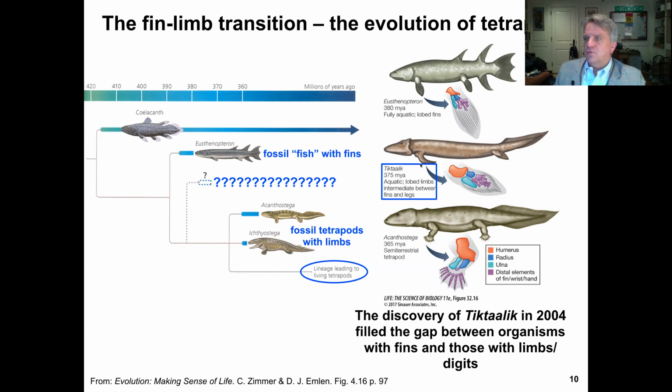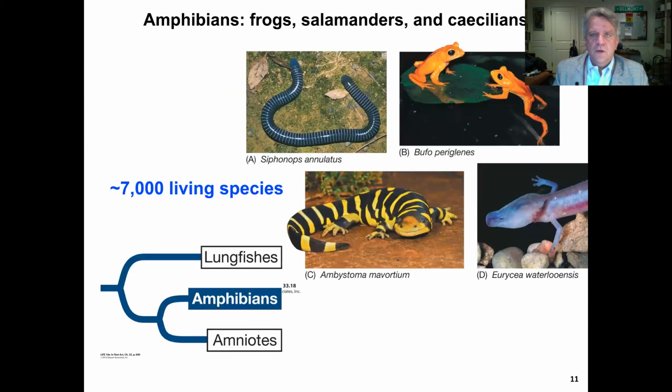And the authors of the paper that described Tiktaalik, led by Professor Shubin, hypothesized that the radial movement of the wrist allowed Tiktaalik to actually, in a sense, do push-ups, to be able to push itself up off of the bottom of their aquatic habitats.